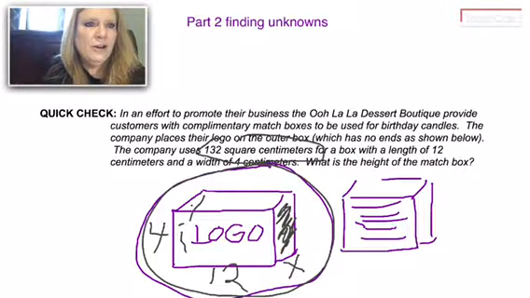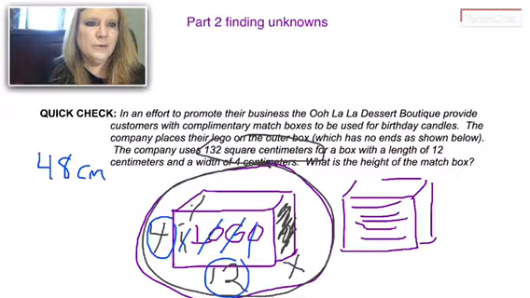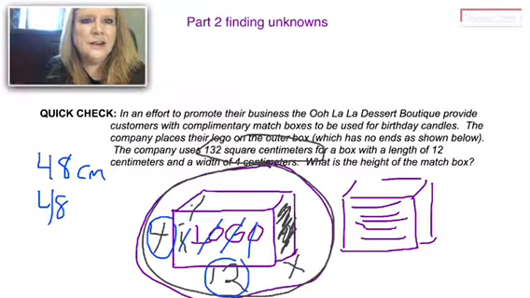So the front of this box where the logo is has dimensions of 12 and 4. So 12 times 4 is 48, and these are centimeters. And then the back of the box is congruent and parallel, so it is also 48 centimeters.